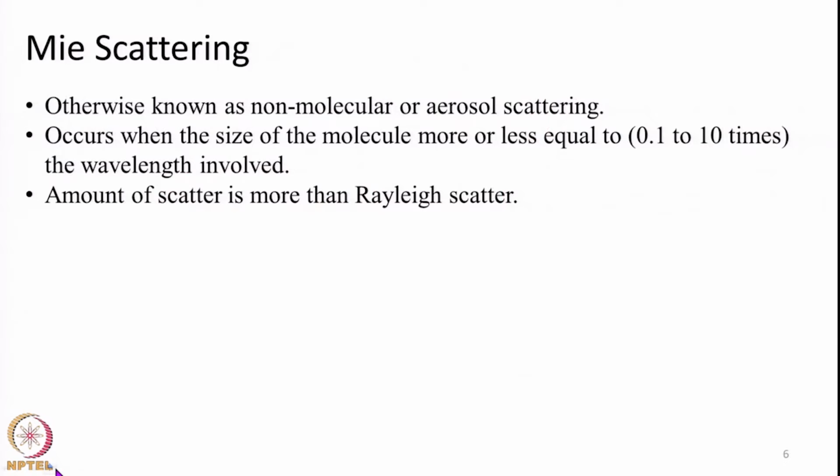Next we are going to see about Mie scattering. Mie scattering is also known as aerosol scattering or non-molecular scattering. This type of scattering occurs when the size of the particle is 0.1 times to 10 times the wavelength involved.